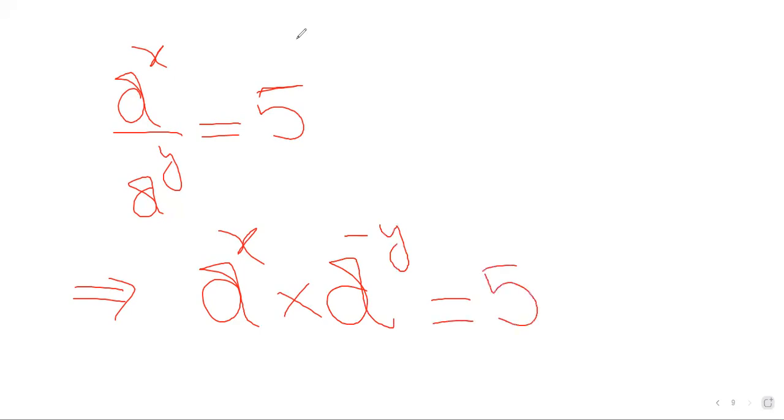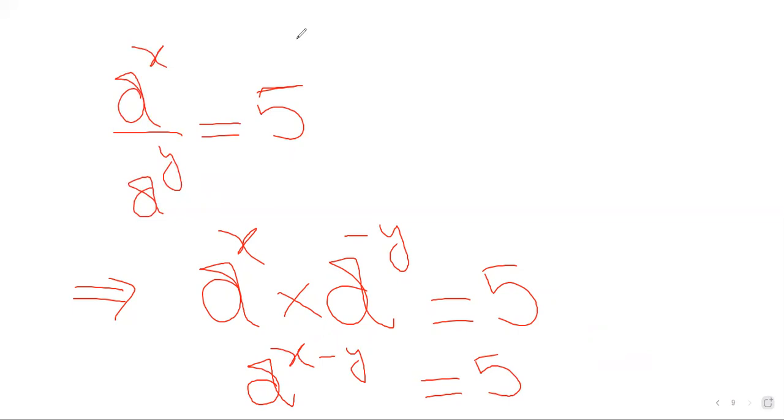When the bases are the same, this is the first rule, then the indices are added up. Their powers are added up when they are multiplying.